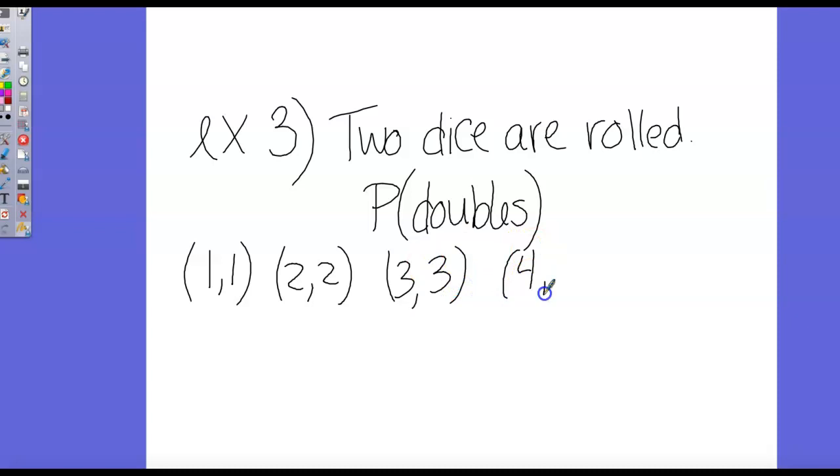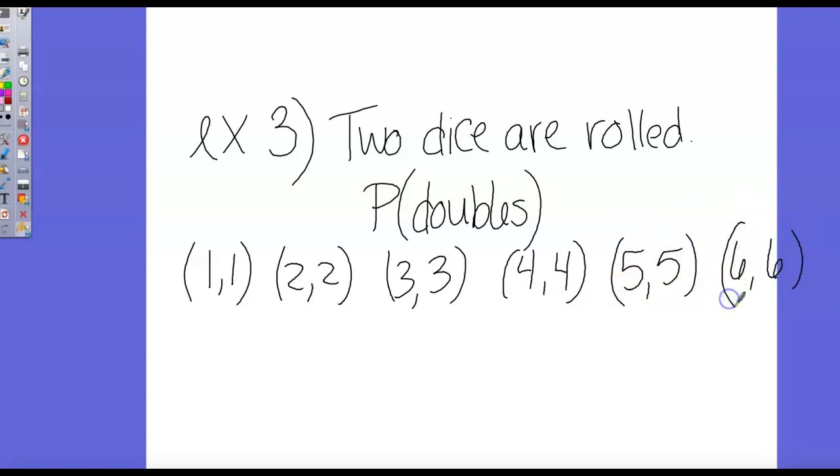We have 4 and 4. 5 and 5. And we also have 6 and 6. Yes, because that's like one group or one set. The first time we did this, we used a table. Now we're using a list. Tomorrow we have to learn another style.